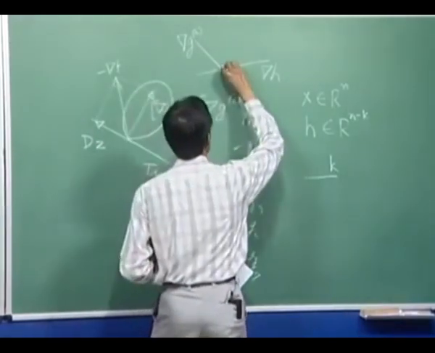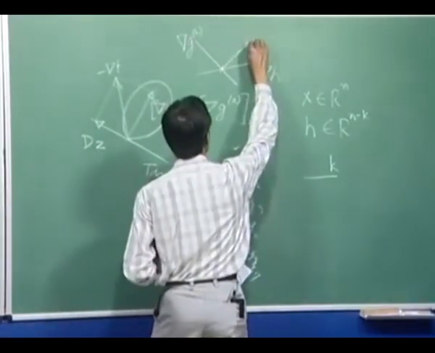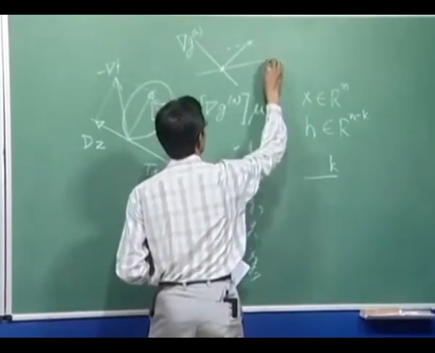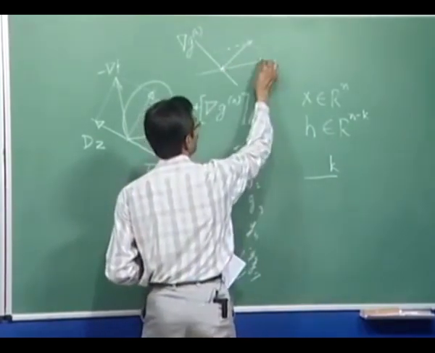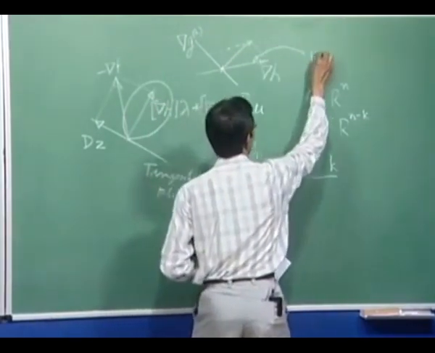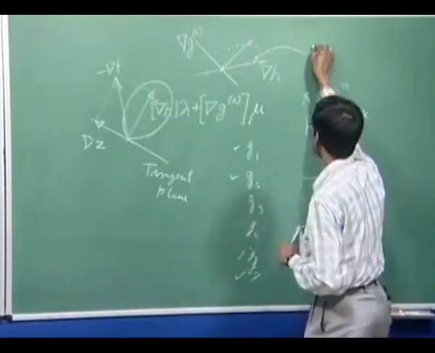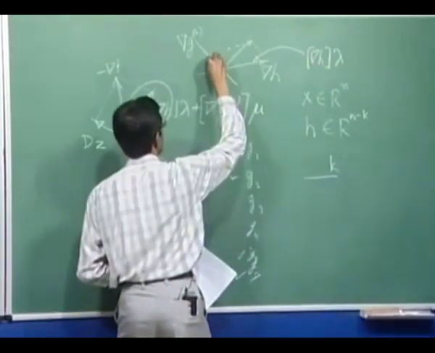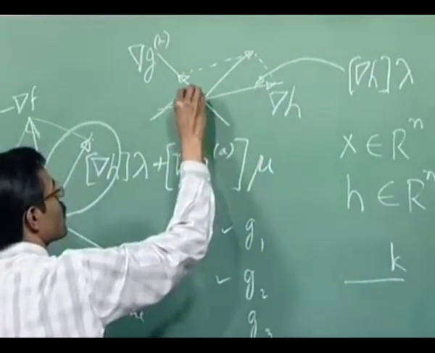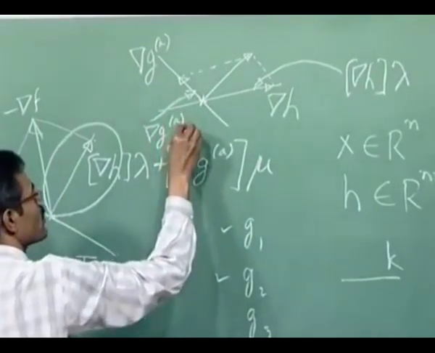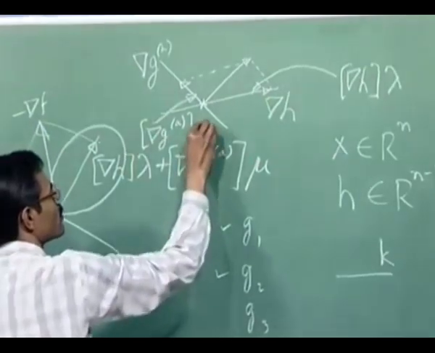So, if the negative gradient is this way, that means the negative gradient will have one component along this, which is grad H into lambda, and another component along this, which is grad Ga into mu.